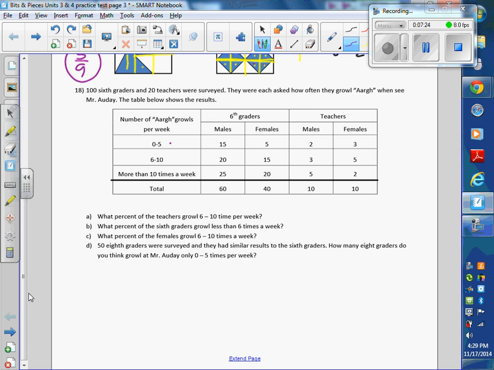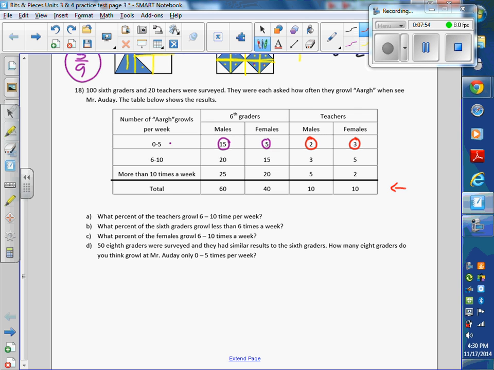What this means is there's 15 sixth grade boys right here and 5 sixth grade girls that growl 0 to 5 times a week. And what this means over here is there's 2 male teachers and 3 female teachers that growl 0 to 5 times a week. So you have to look for that information and the totals.